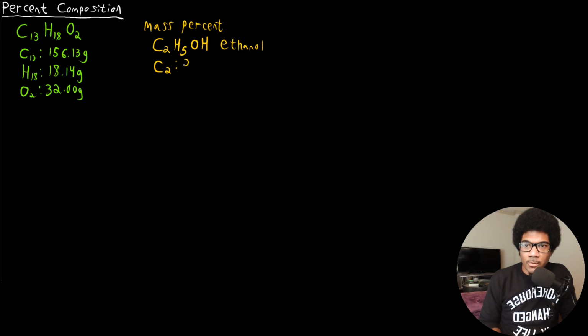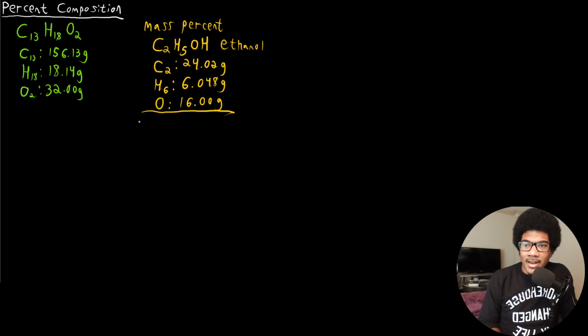So that's going to give you 24.02 grams of a contribution from those 2 carbons. For the 6 hydrogen atoms, its contribution is going to be 6.048 grams. And for the 1 oxygen, that's just going to be the atomic mass of oxygen, which is 16.